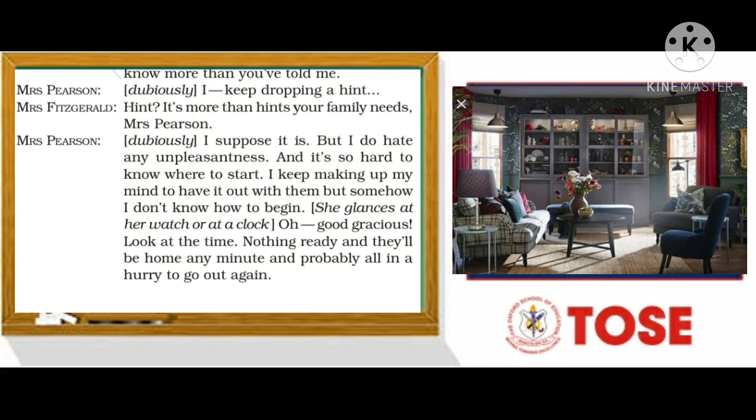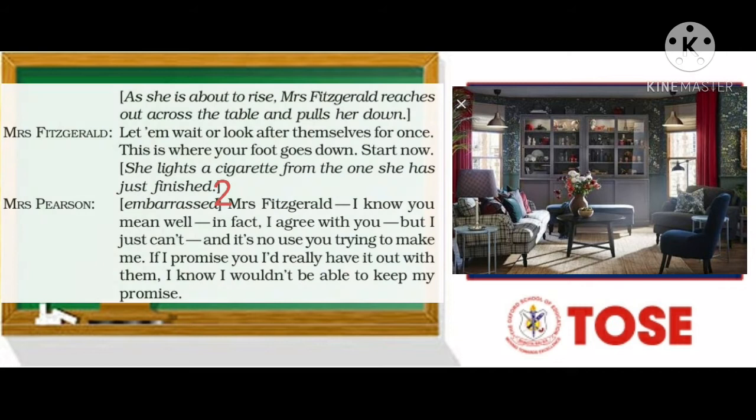It was getting late, and she had to prepare something for the family members who were out, and they were supposed to come in any minute. She was just about to rise, but Mrs. Fitzgerald just pulls her down. Mrs. Fitzgerald: Let them wait, or look after themselves for once.